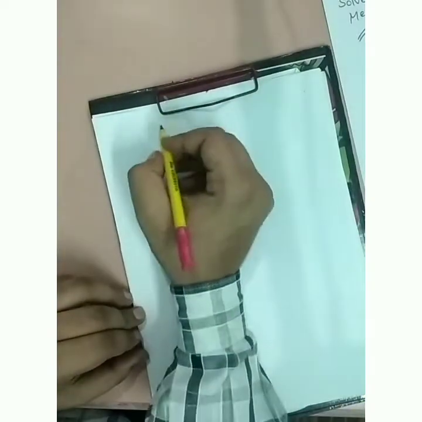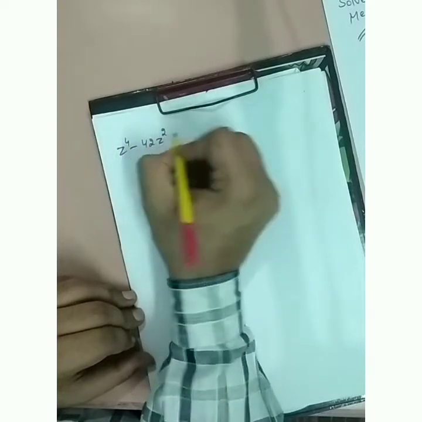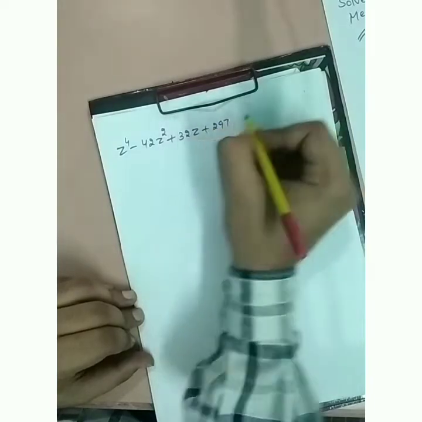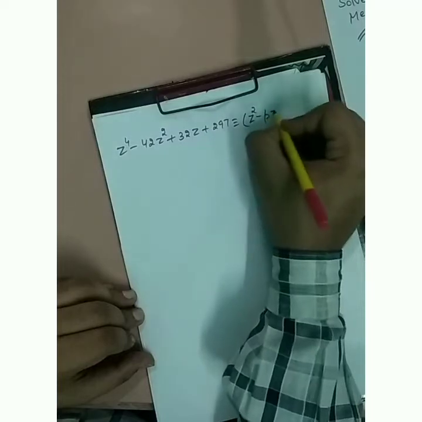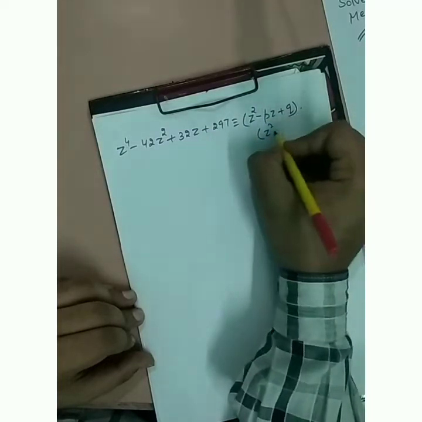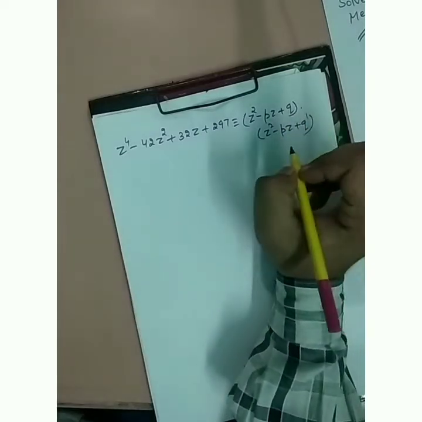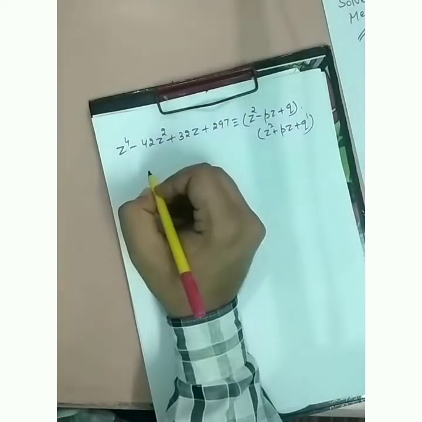How to apply? Now let us take z^4 - 42z^2 + 32z + 297, that is equivalent to (z^2 - pz + q)(z^2 + pz + q').